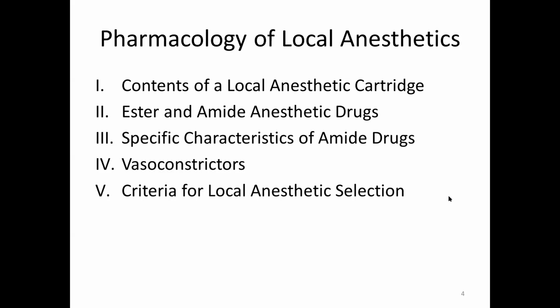Then you've got bupivacaine, which is name brand Marcaine, and that's the longest onset. So that is the most potent of the local anesthetics. It is pregnancy category C. Marcaine is long acting.